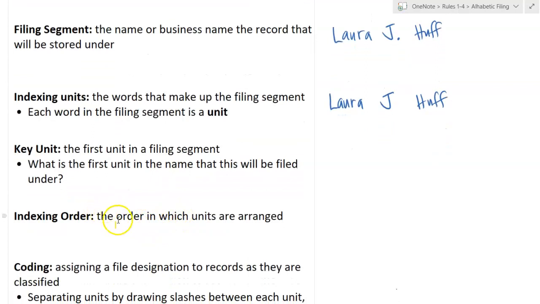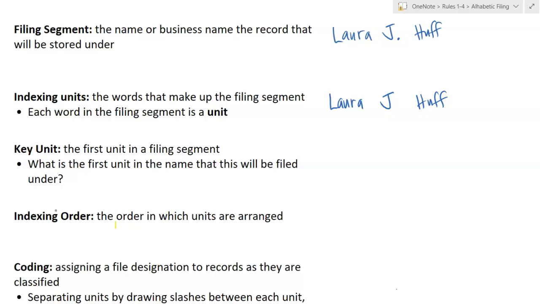Another term that you'll be learning this week is the key unit. The key unit is the first unit in a filing segment.